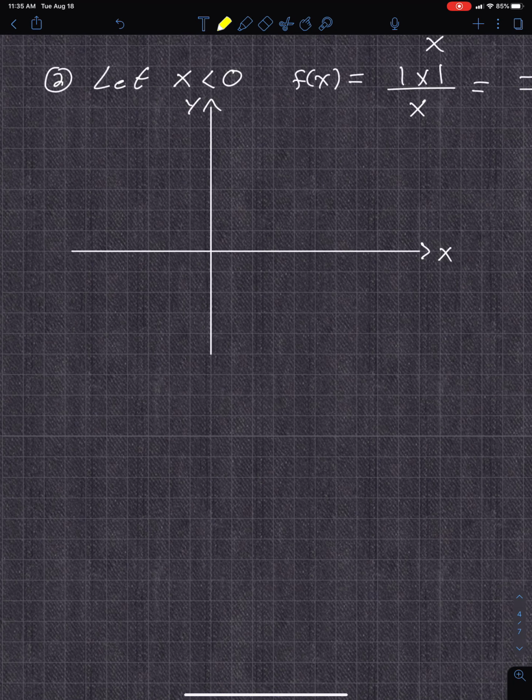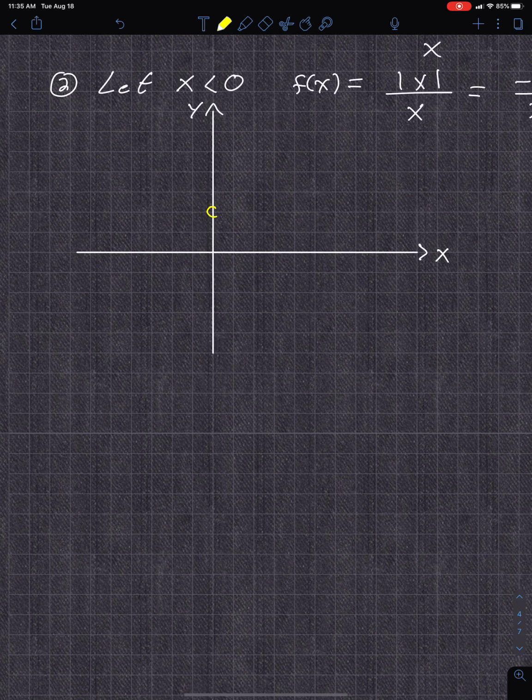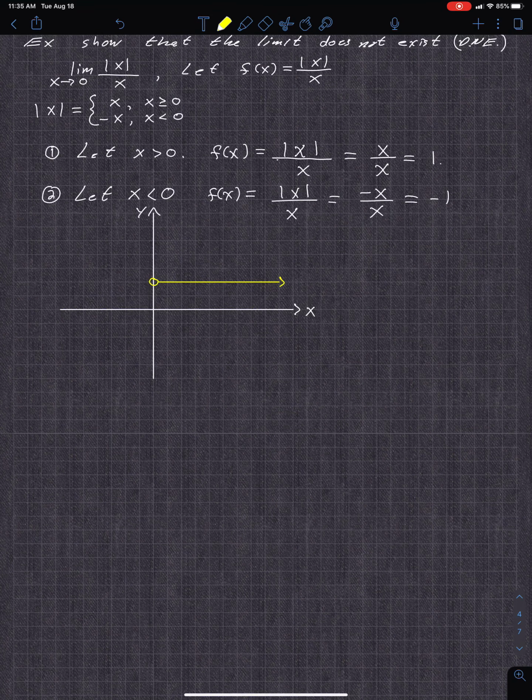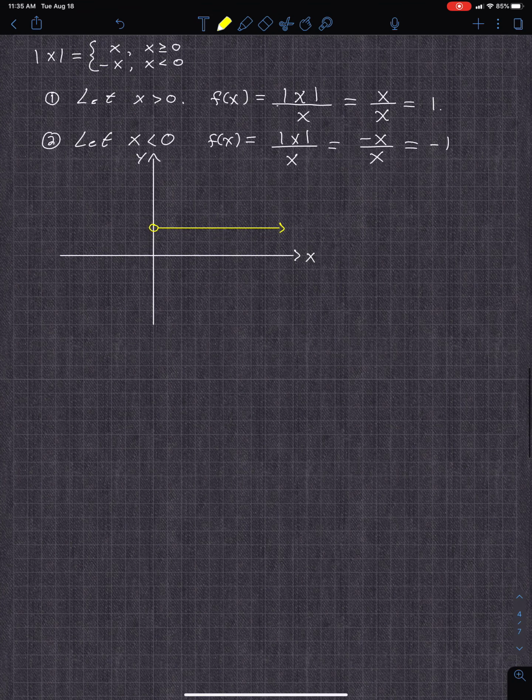So we'll be up at 1. Let's just zoom in, not including that, and it's just this line. So that is just y equals 1. At x less than 0 to the left, you get just negative 1. So it would be here and to the left.